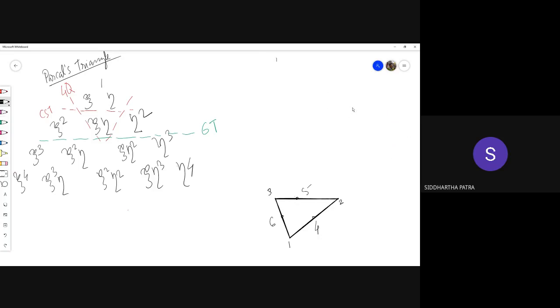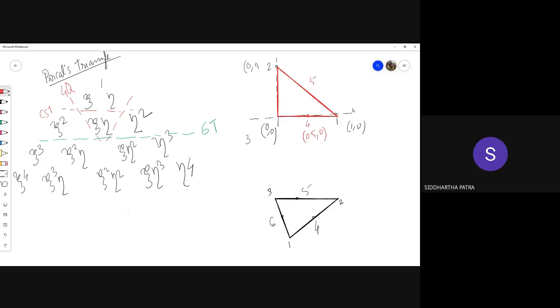So for example, if we construct the ideal triangle, and then take nodes in the middle, let's say this is node number 4, whose coordinates are 0.5, 0.